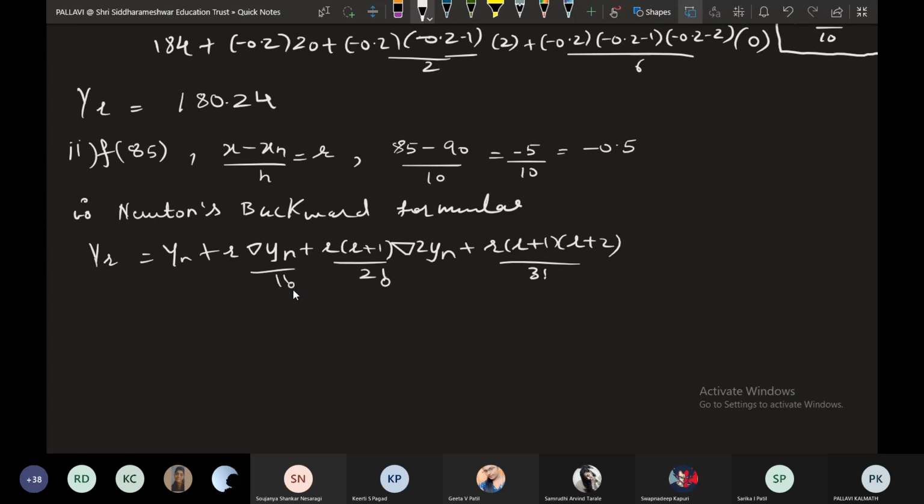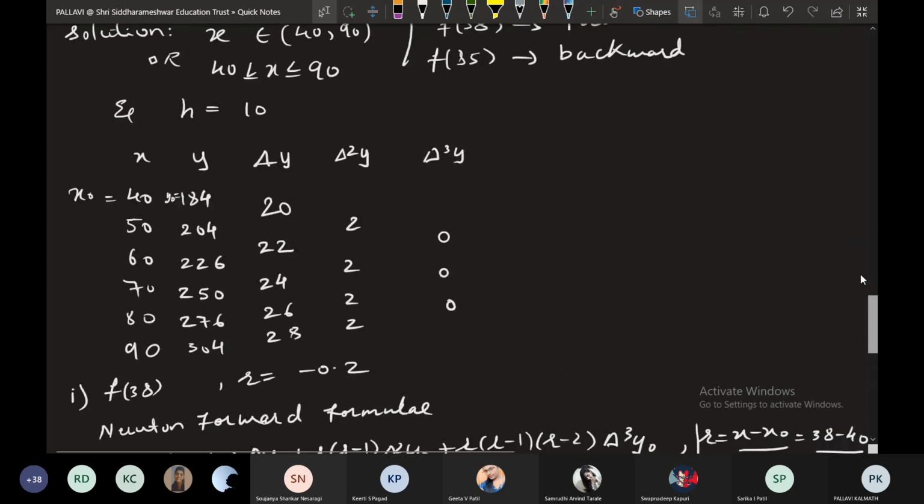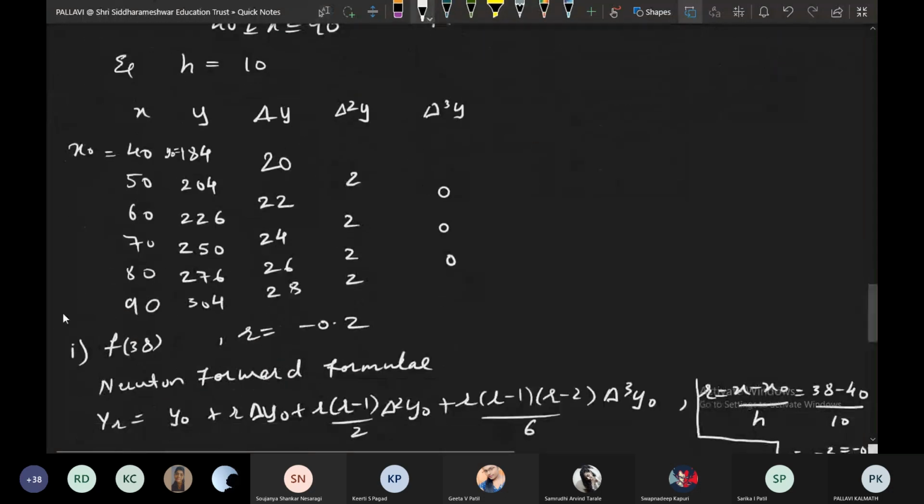See whether this factorial is correct or not. Don't write 11, 21, 31. So what is yn? The last value, the respective value for xn. This is x0 and this is xn. So respective to xn you have yn.